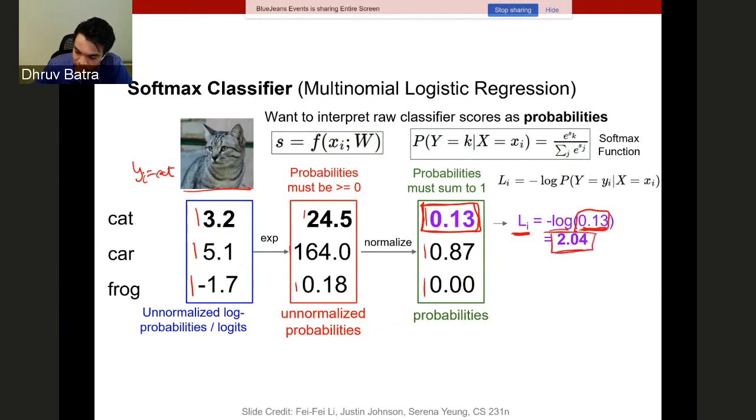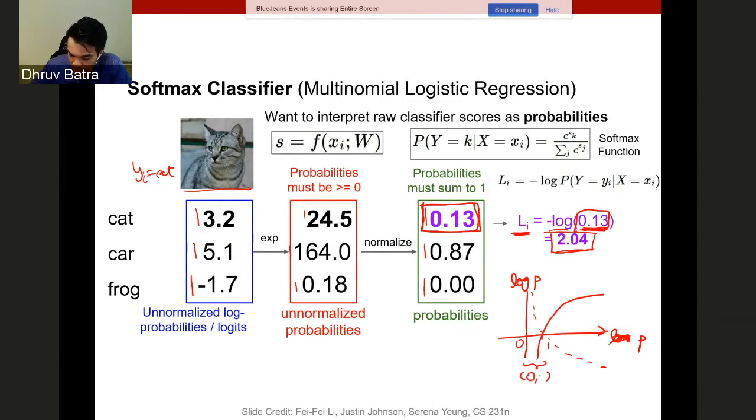So 2.04. Remember that log p, where this is p, is a function that looks like this. That's the general shape between 0 and 1. So negative log p is a function that looks like this. And we are concerned with its domain between 0 and 1. Probabilities are going to be values between 0 and 1.